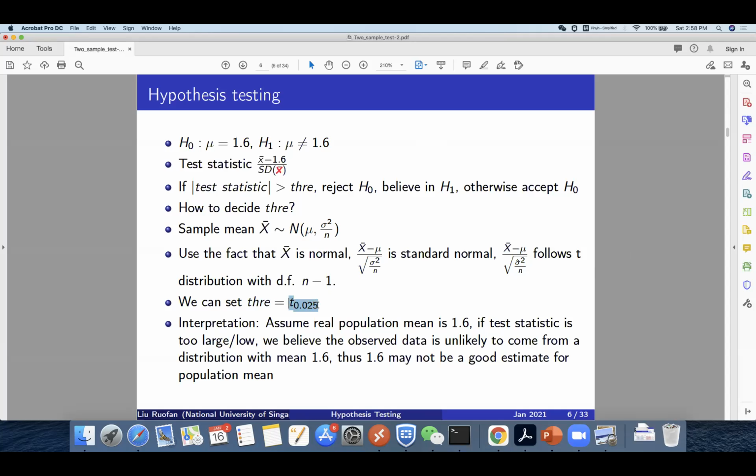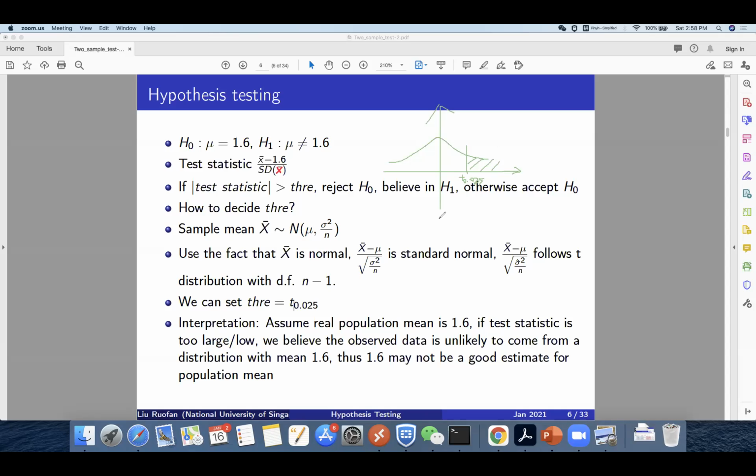So this notation means: suppose this is my t distribution, and this is the value of t 0.025. Then the area on the right-hand side is equal to 0.025.